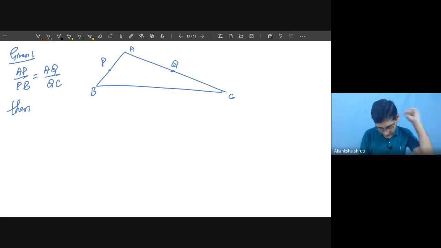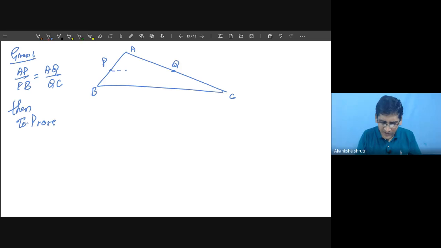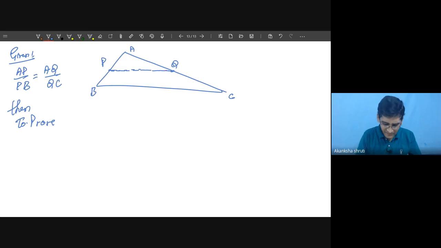Then it will be proved, or it can be proved, that the line joining this PQ means this one, means PQ, this will be parallel to BC.